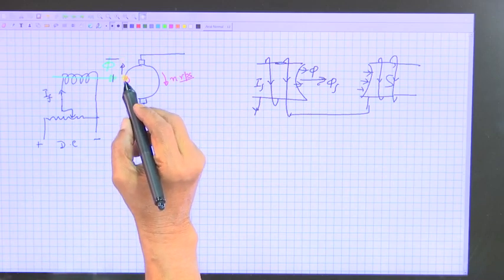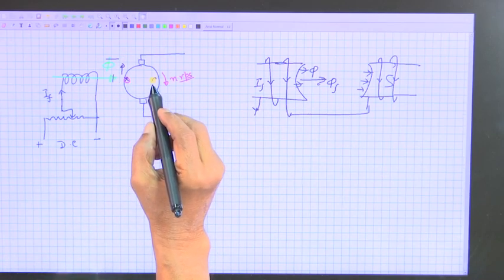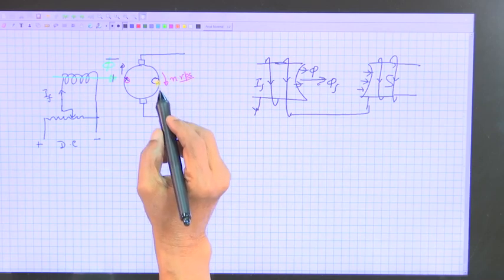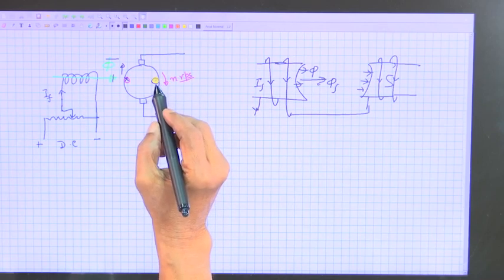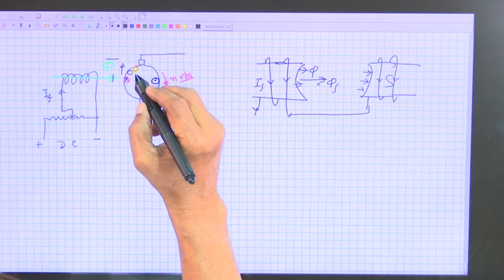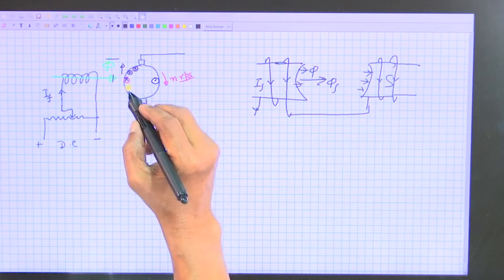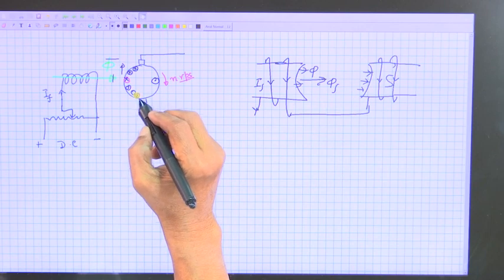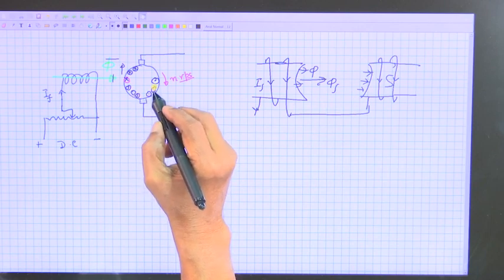It will be cross. And you can be rest assured, if you apply the same rule, the velocity is the same, but it is under the south pole, so it will be dot. And for all the conductors here, that will be cross only, and this will be dot.